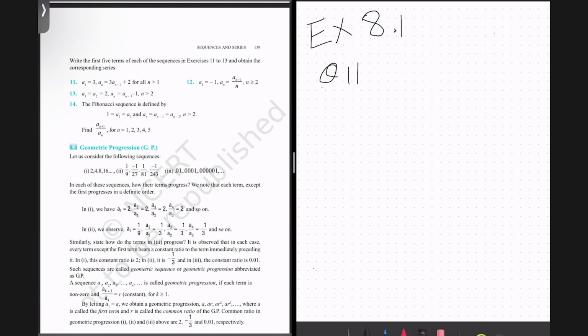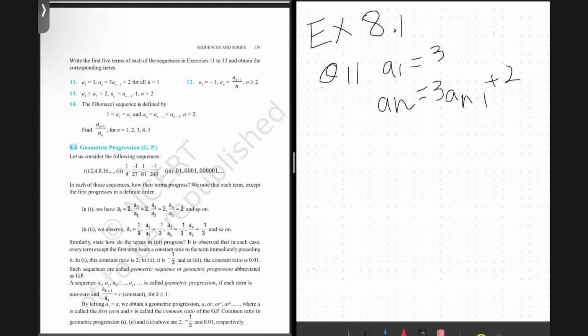So for question number 11, we have been given A of 1 equals to 3 and A of n equals to 3 A of n minus 1 plus 2, right?